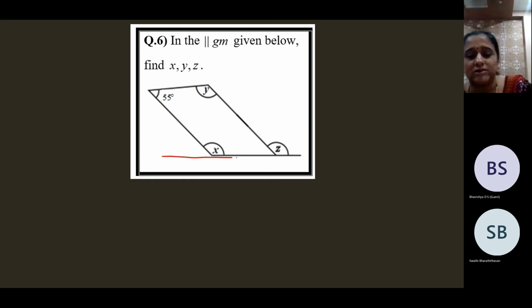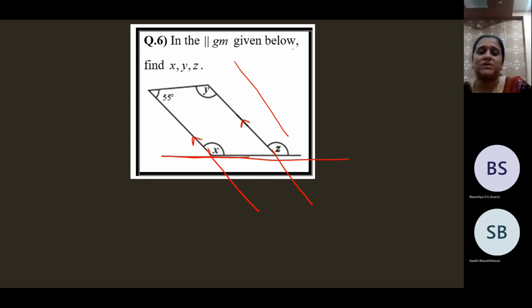You can produce this line like this. Only if you produce the lines can you make it out clearly. So you can see that these are parallel lines. Opposite sides of a parallelogram are parallel. This is the transversal. So you have a figure like this basically. You have X here and you have Z here.